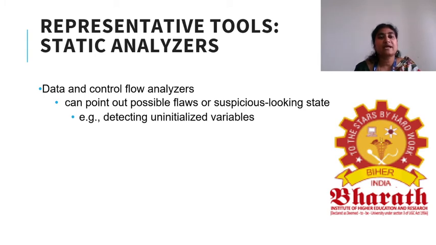They are said to be static analyzers. Data and control flow analyzers are part of a static analyzer, and they help in analyzing the data flow and the control flow. They can point out possible flaws or suspicious-looking statements, for example, detecting uninitialized variables. If any uninitialized variables are found in the software, they can easily be identified with the help of these static analyzers.